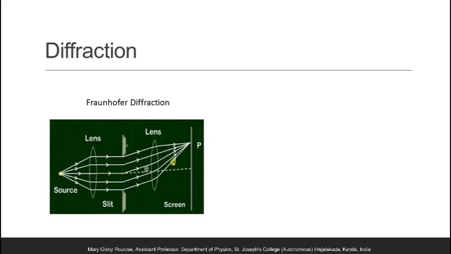So the slit now sees parallel rays, and in effect it feels that the source is at infinity. Again, the rays emerging from the slit will be almost parallel, and in order to view these parallel rays on a screen, we need to focus them, and hence another convex lens is placed, and that focuses the light onto a screen.